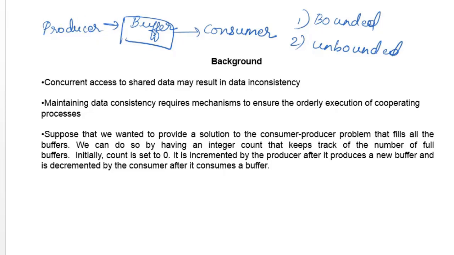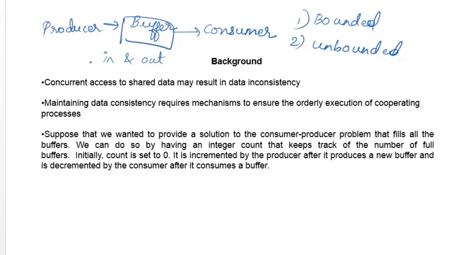And normally this buffer is implemented as a circular array which will have two pointers, in and out. Normally, in points to the next free space where the next produced item should be placed, and out generally points to the item that should be consumed next, which is also the first full position in the buffer.